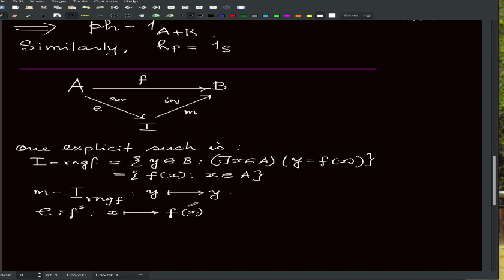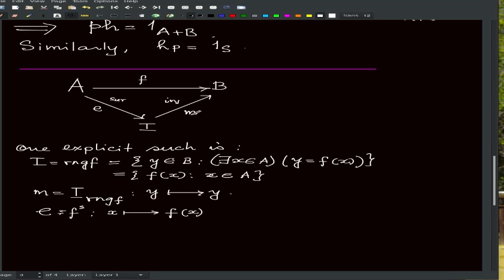So m being an injection is essentially like a subset. It may not be a subset, but it is like a subset.